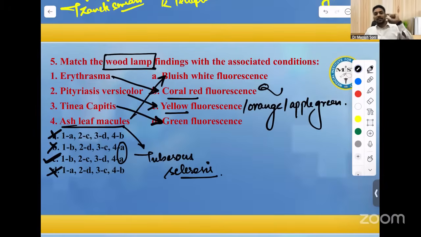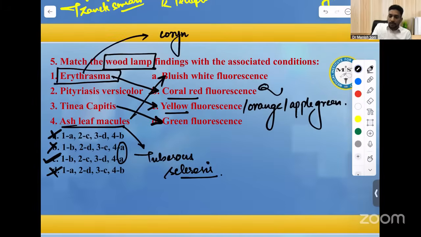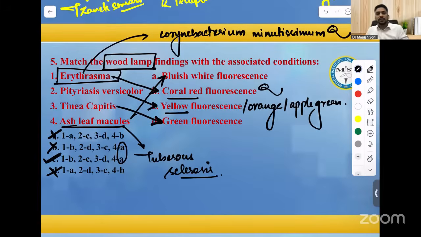So these are the colors of fluorescence which are seen under Wood's lamp light. Erythrasma is a bacterial condition caused by which bacteria? Corynebacterium minutissimum. So this is the bacteria which causes erythrasma.